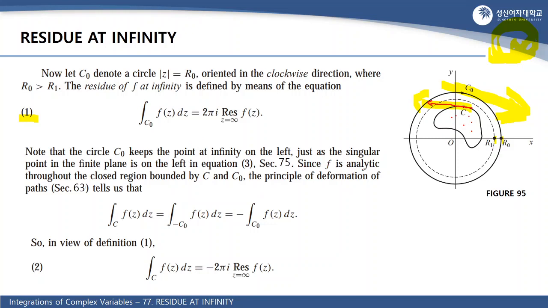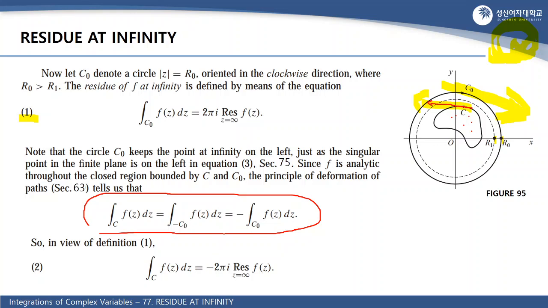Then since f is analytic throughout the closed region bounded by C and C0, we apply the principle of deformation of paths, which is described in section 63. So we get this result: the integral along the contour C of f(z) dz is equal to the integral along the contour negative C0 of f(z) dz.